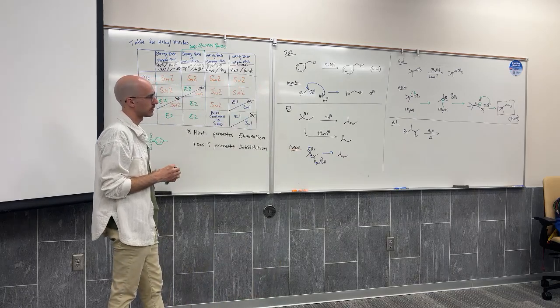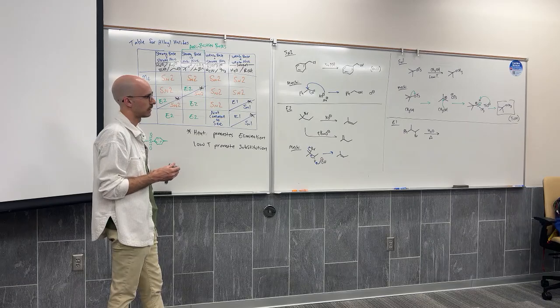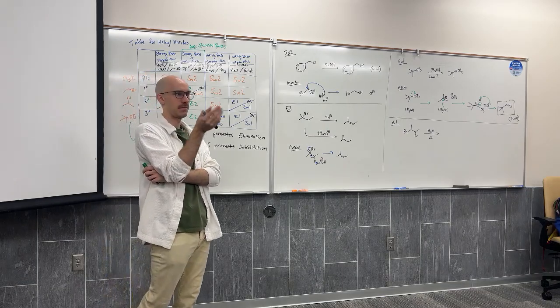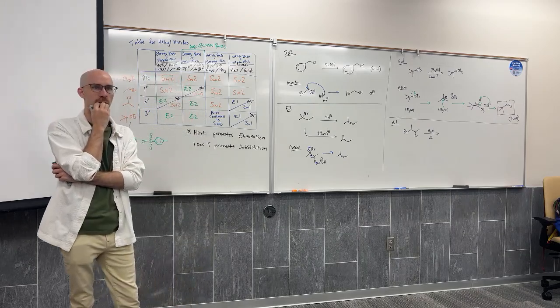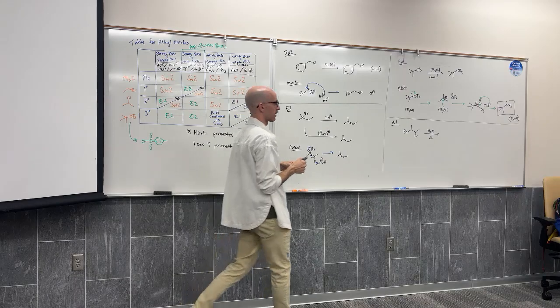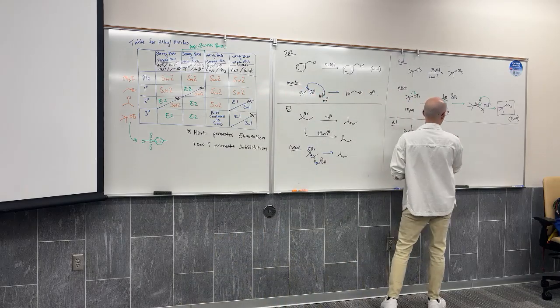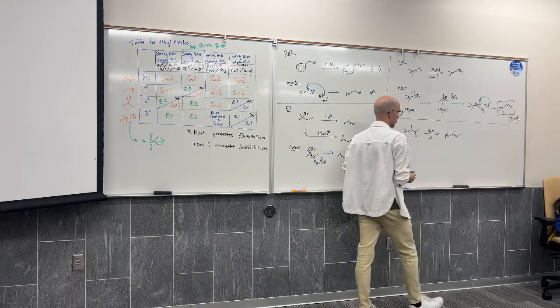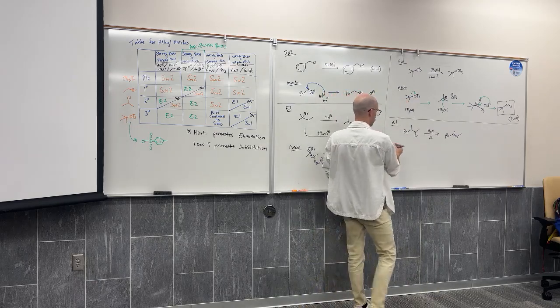I guess actually this isn't a great one to show that it rearranges, but that's okay. That triangle, delta at the bottom, what does it represent? That's our heat, telling us that we're promoting elimination. And here's my major product.